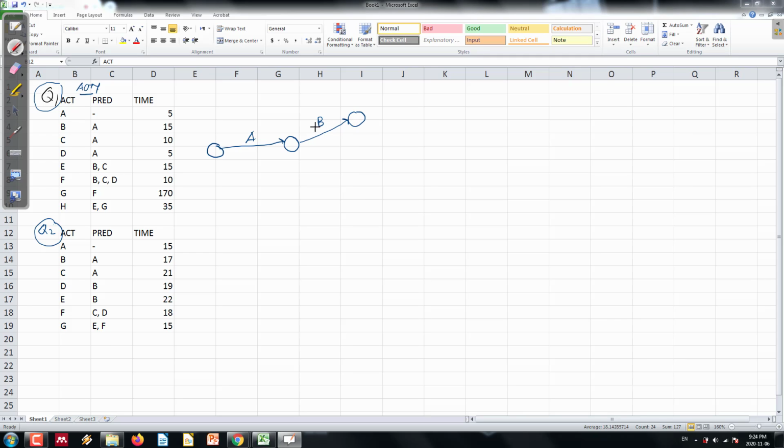This one will be B. This one will be C. For D, it is the successor of B, and E is the successor of B. So I will put D over here, and then E over here.